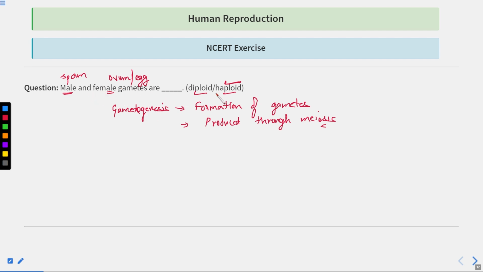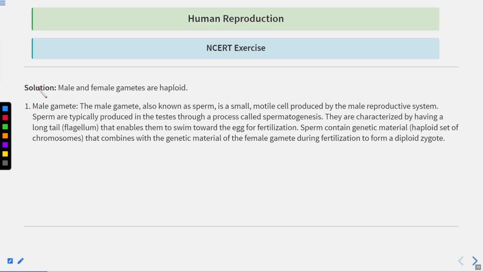Clear? So male and female gametes should be haploid, meaning they consist of only one chromosome set. Diploid is 2n, meaning they consist of 2 chromosome sets. Haploid is n, meaning they consist of 1 chromosome set. Now male and female gametes are haploid.